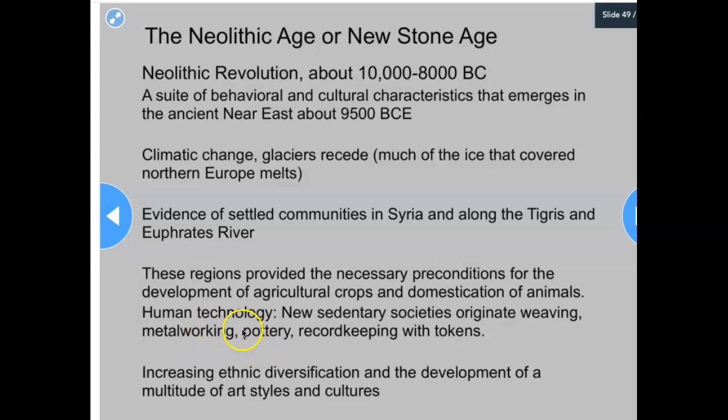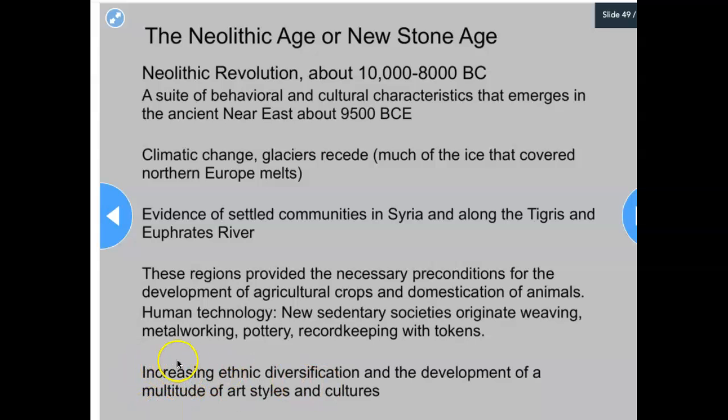You can do pottery. If you're trading with people, you're probably going to need tokens for record keeping. And also, if you're living in one place for a long time, say in the northern part of Europe, what today would be Sweden or Norway, versus somebody who lives in what is today Africa, you're going to look different.